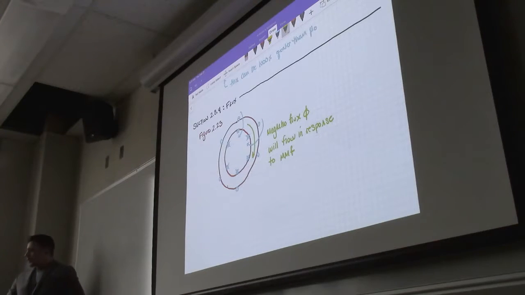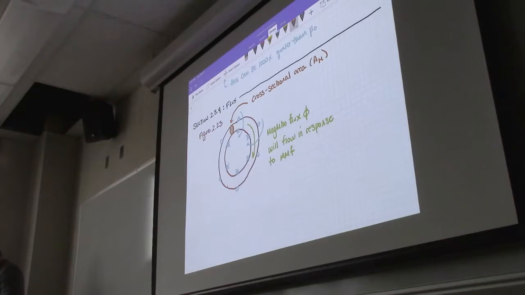Flux will flow in response to a magnetomotive force, which is affected by the current flowing through those coils. Now, what we can do is take a look at the cross-sectional area of the core. And the area of this cross-section we're going to call A m.